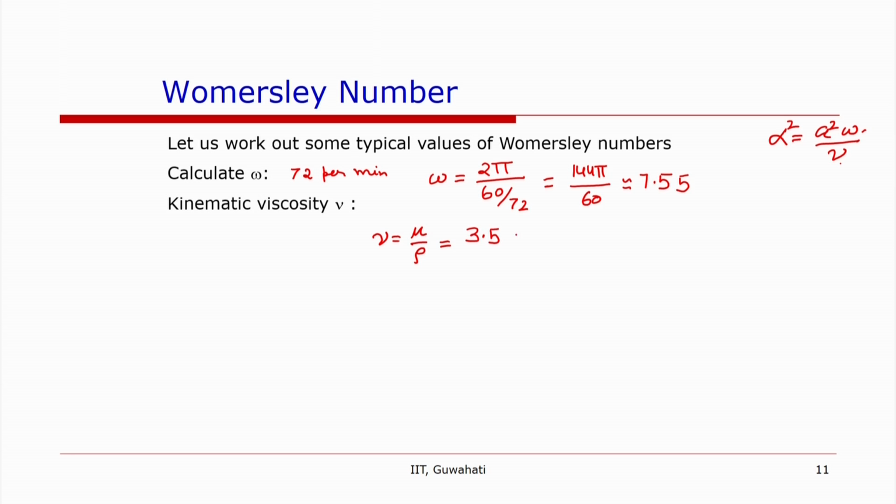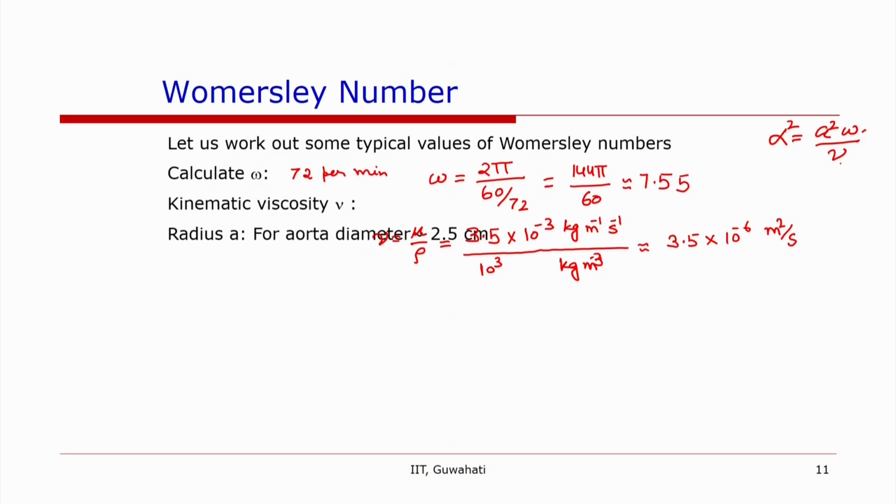So if we change that centipoise into SI units, 3.5 into 10 to the power minus 3 kg per meter per second divided by rho, which we will take about 10 to the power 3 kg per meter cube, and so that will be of the order of 3.5 into 10 to the power minus 6 meter square per second.